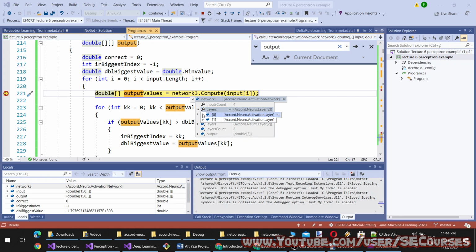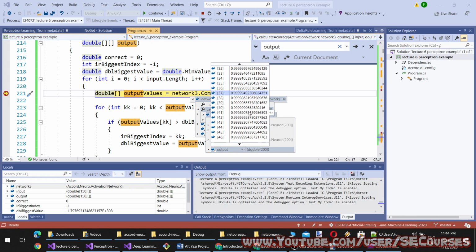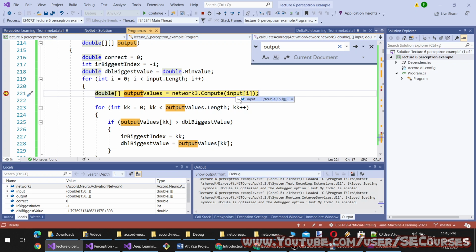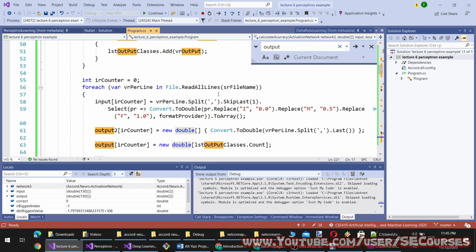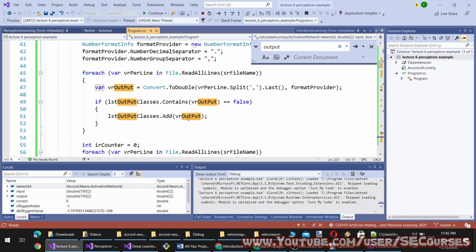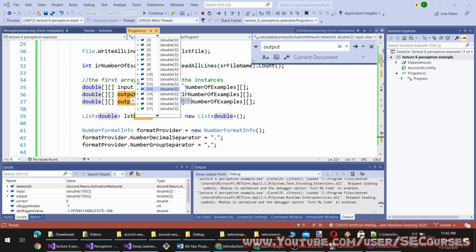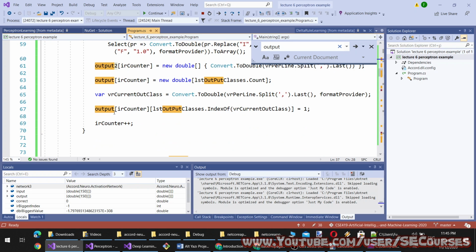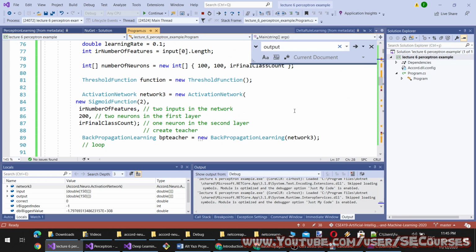Input counts false. Okay, this is wrong. Output all what 3 1. Okay.